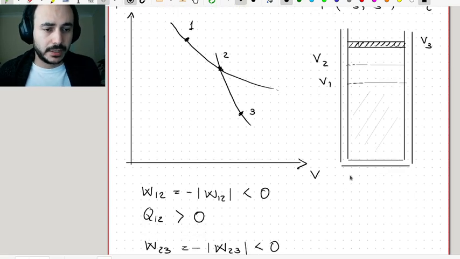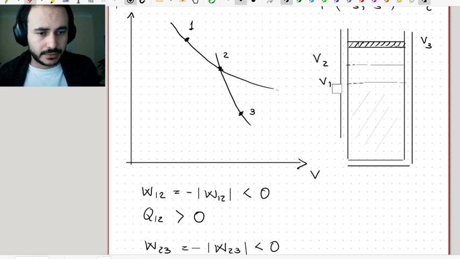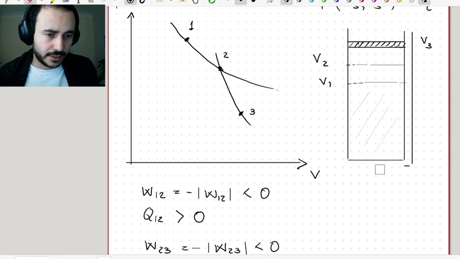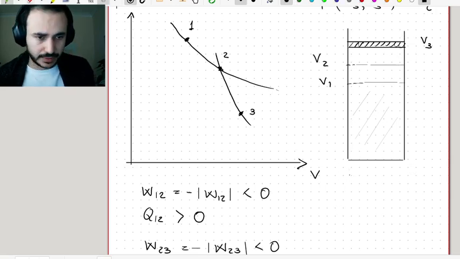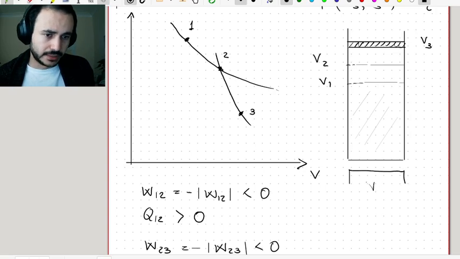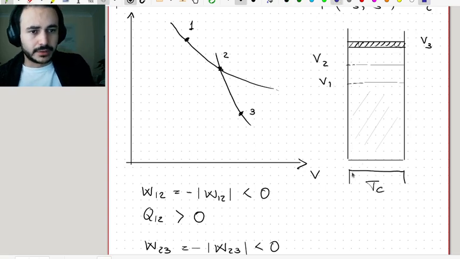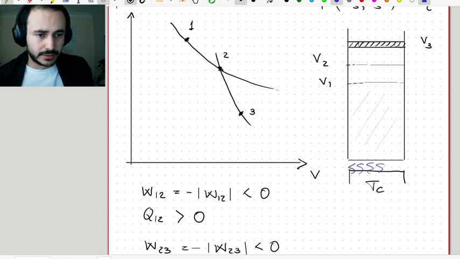Okay, so what you're going to do now is remove the thermal insulation from your container, and bring into the problem a heat source at that new temperature T cold. You're going to put it here, T cold, and establish thermal contact with your system.